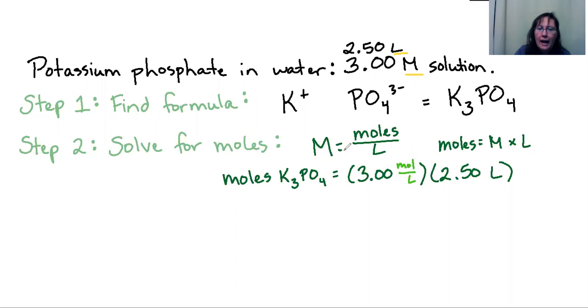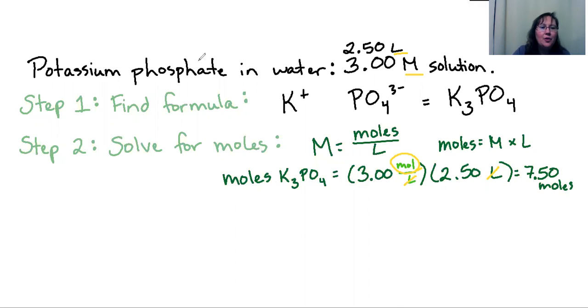So molar, that capital M, stands for moles per liter. And if I think about it like that, you can see that I can cancel out my liters here and I'm left with moles. And that's how we know that we can find moles in this method. Okay, so 3 times 2.5. I can have 3 significant figures, so I have 7.50 moles.